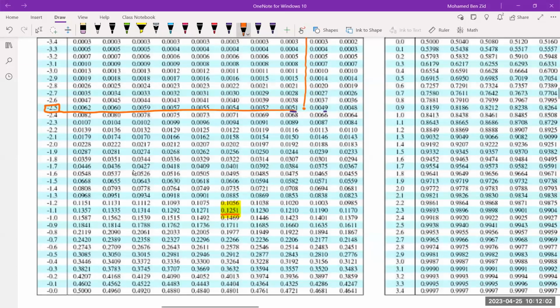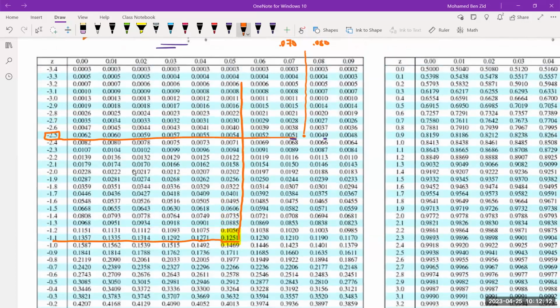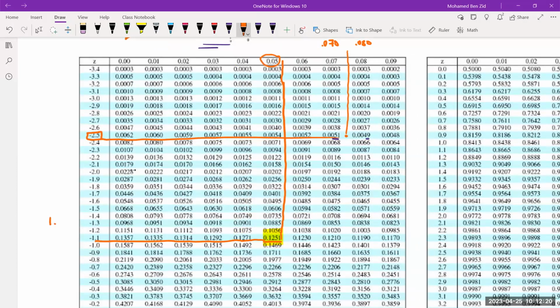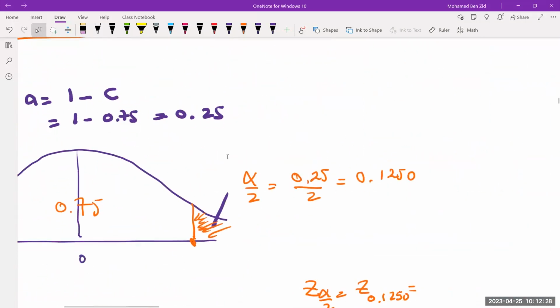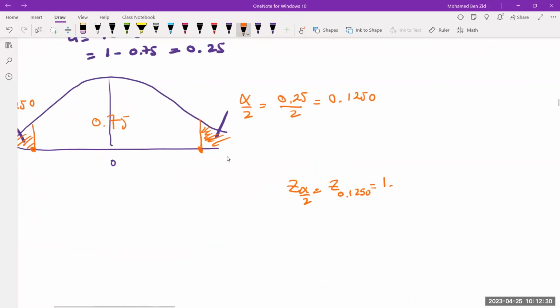So you read it this way, 1.1, and read it upward, that's 0.05. So the value you're looking for is 1.15, and that's going to be the positive side. So this is the Z alpha over 2, which is 1.15.